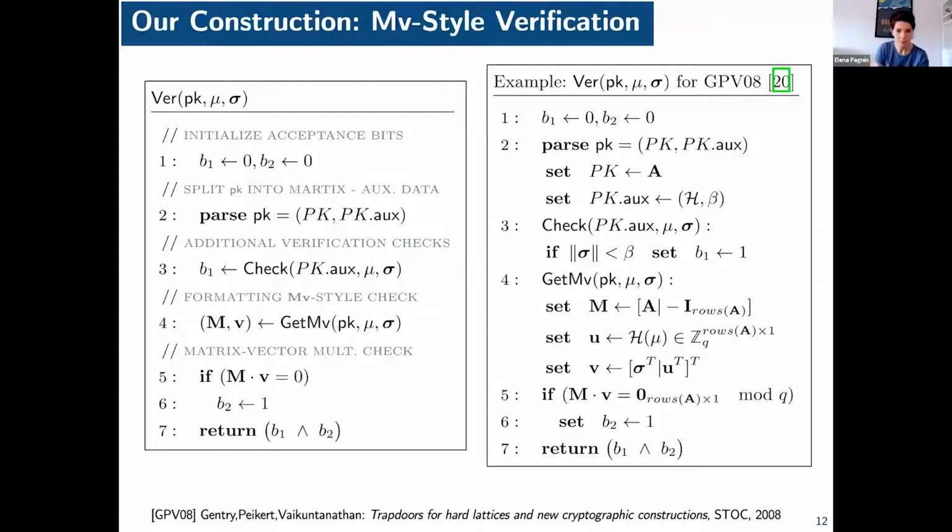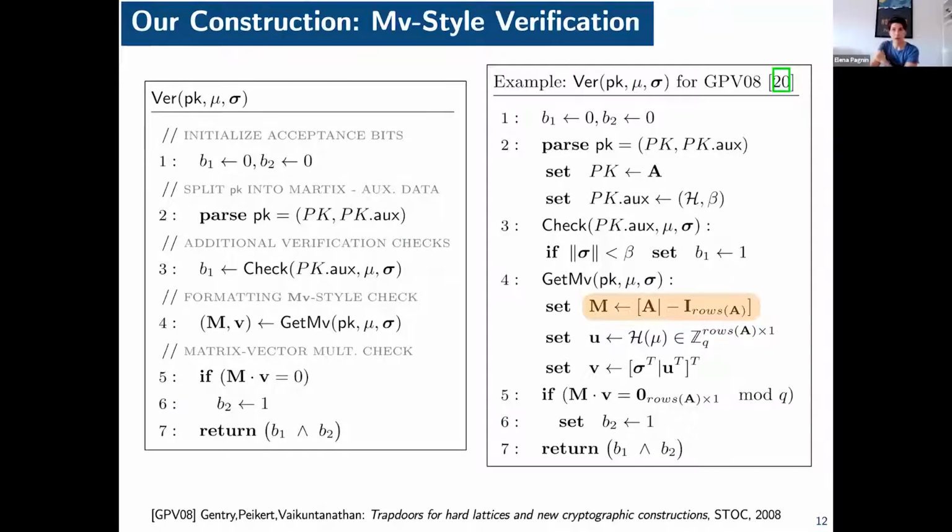Yes, I just presented existential unforgeability, but our model extends to strong unforgeability as well. We have that in the paper. Thank you for the question.